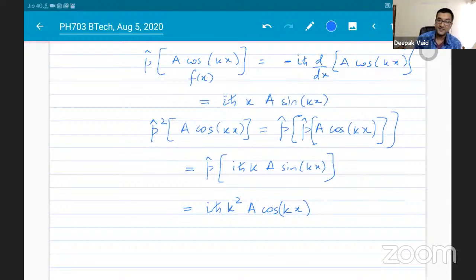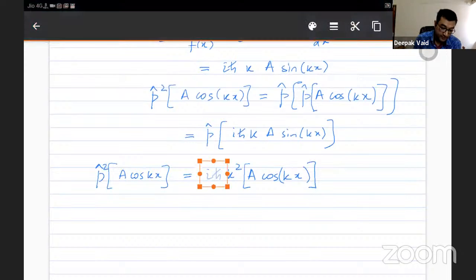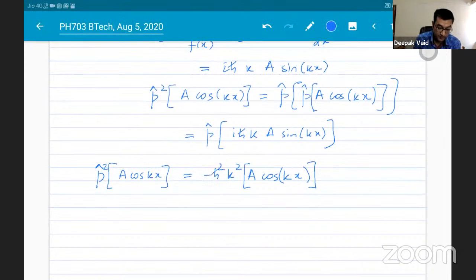I hope. Oh right, and when I put the second p, I'll get a minus h bar square, because there's a factor of h bar that I forgot. i h bar times i h bar, so I'll get minus h bar square k square.